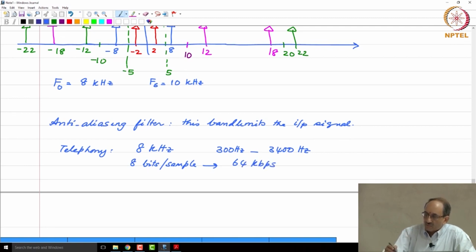Again, 8 bits per sample is actually not adequate. You really need something like 12 or 13 bits, but they got around using 8 bits and still not sounding too bad, because they used what is called A-law and mu-law compression, all right, non-uniform quantization. That is, lower amplitude signals were quantized finer and higher amplitude signals were quantized coarser.